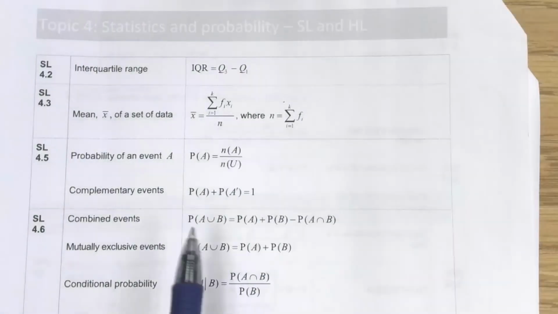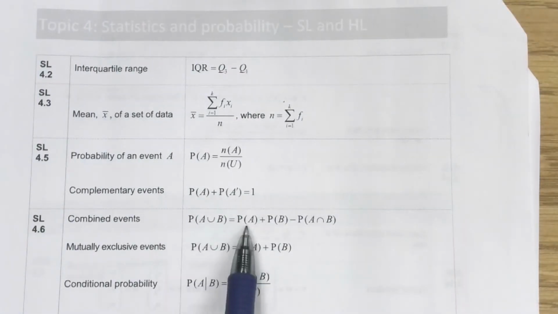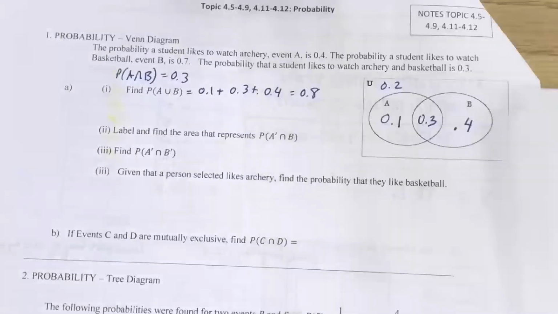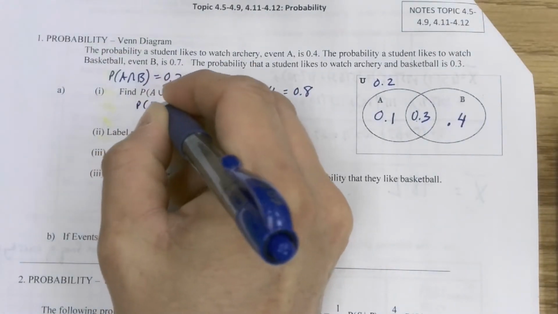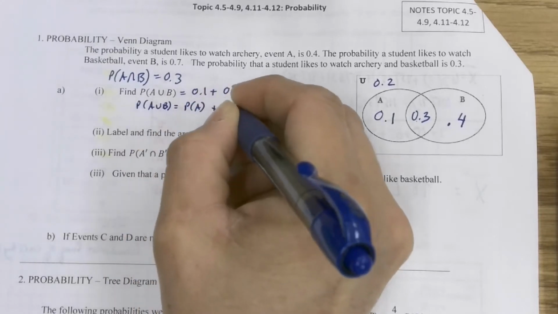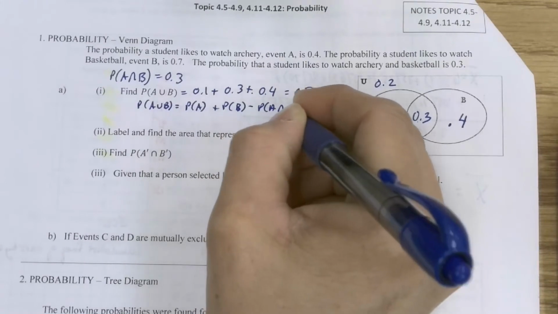And so you'll see combined events. So the probability of A or B is the probability of A plus the probability of B minus the probability of their intersection.